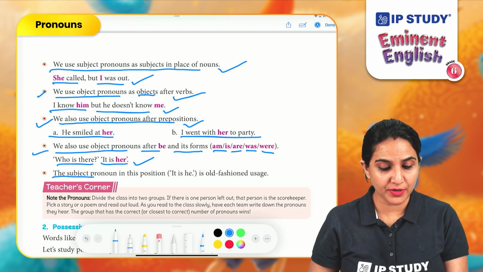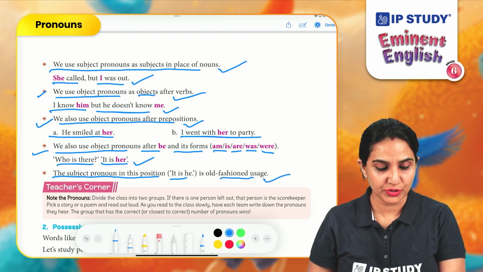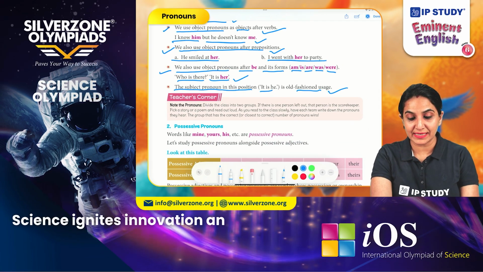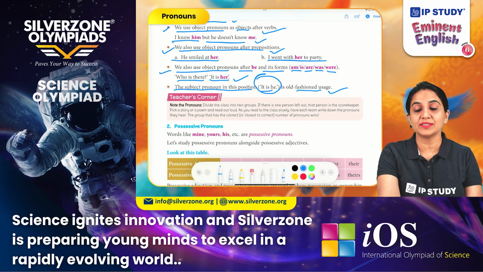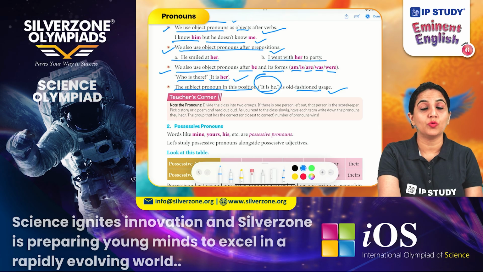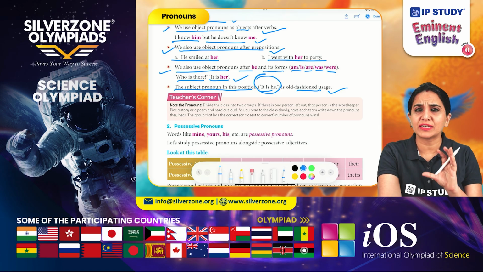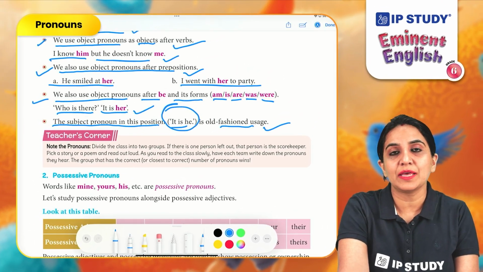The subject pronoun in this position, it is he, is old-fashioned usage. So we do not use it anymore. We always say it is him. Who is there? It is him. So we never use it is he. It is a very old-fashioned usage. So we now only use it is him, it is her.